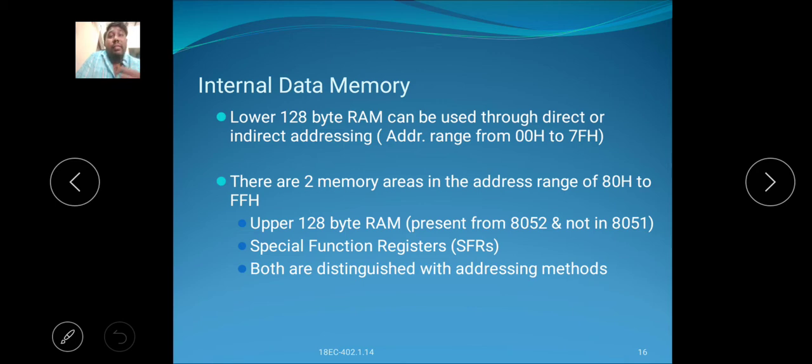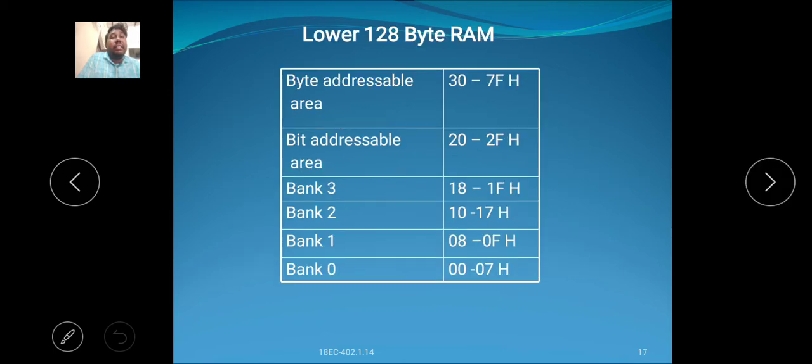The upper 128 bytes of RAM is present only from the 8052, not in the 8051. The special function registers are distinguished from it by the addressing methods.